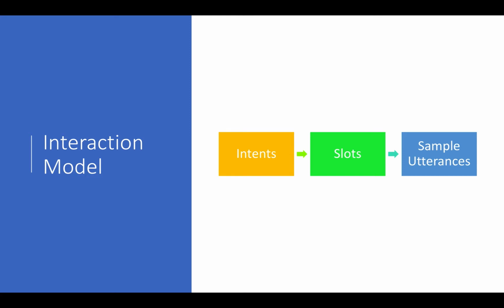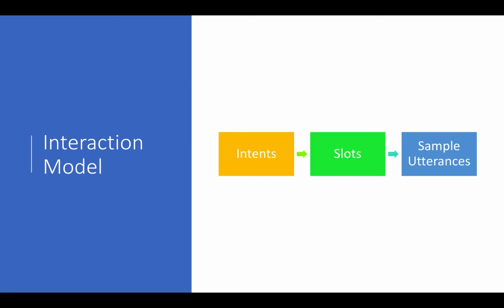So if my intent was to order, I could either order pizza or pasta or both, right? So in that case, my food slot will have three options: either pizza, pasta, or both. And how sample utterances are related to intents is that many people order in different ways, right?